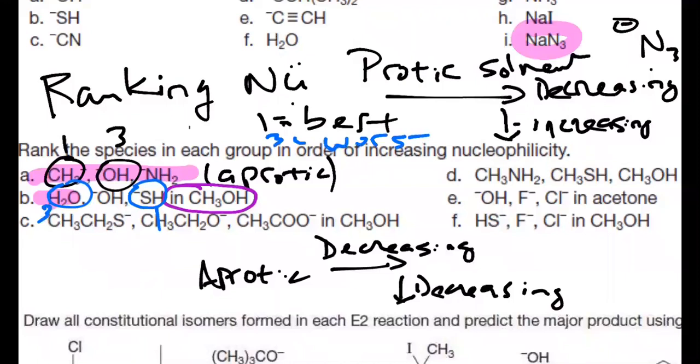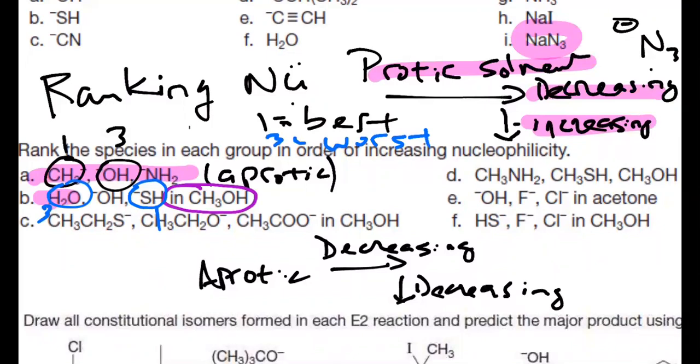So you got that one is the best because it's a negative, and water is last because it's neutral. Yeah, but it's not just that it's negative, because the hydroxide is also negative. It's the fact that sulfur is under oxygen in the periodic table. And in a protic solvent, we said up here that the nucleophilicity decreases from left to right and increases from top to bottom.